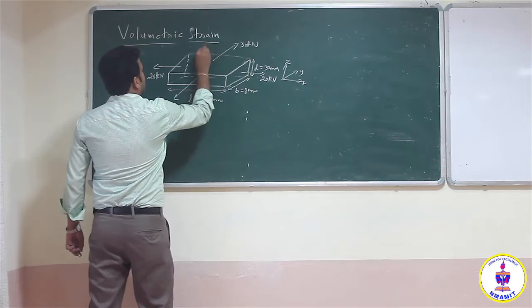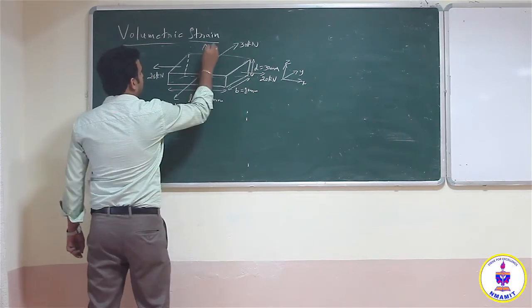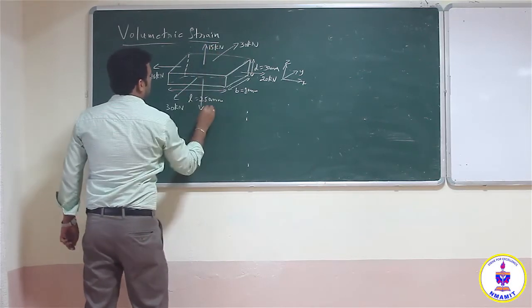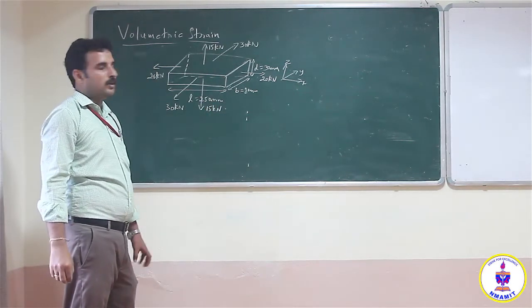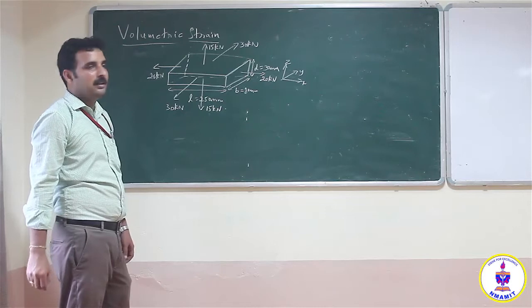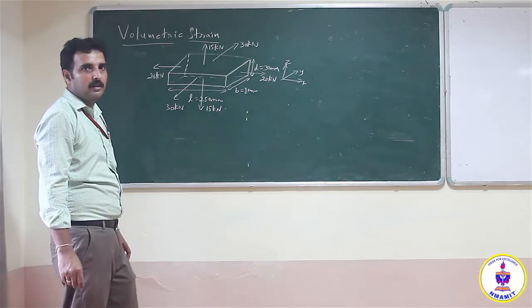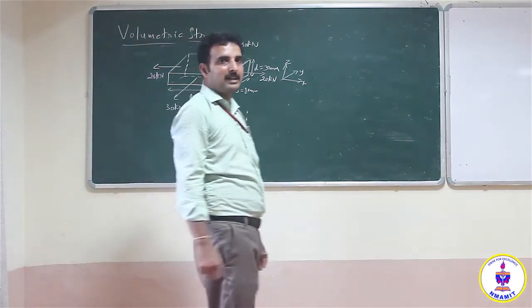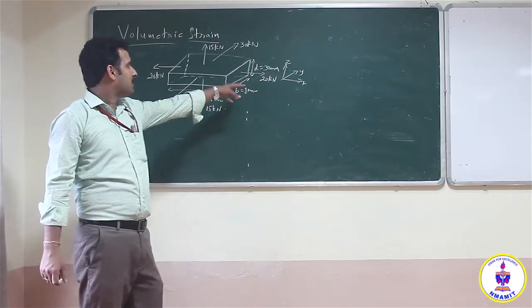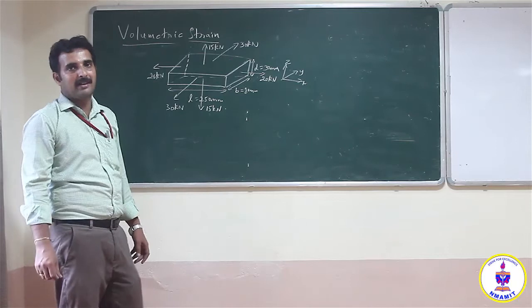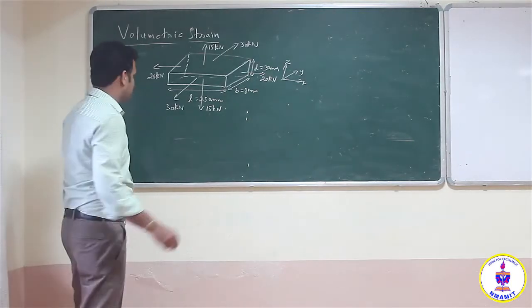Along z-axis, the force acting is 15 kN tensile. So here there are three forces which are acting in three mutually perpendicular directions. So in order to find out the volumetric strain as well as the change in the volume, we have to first find out what are the stresses induced due to these external forces.